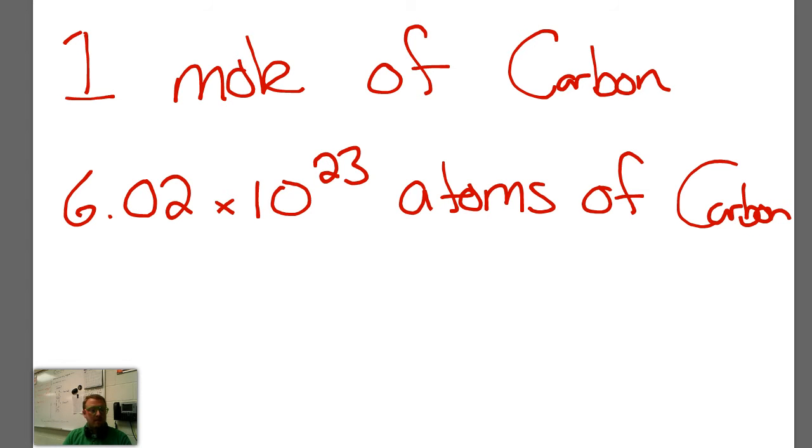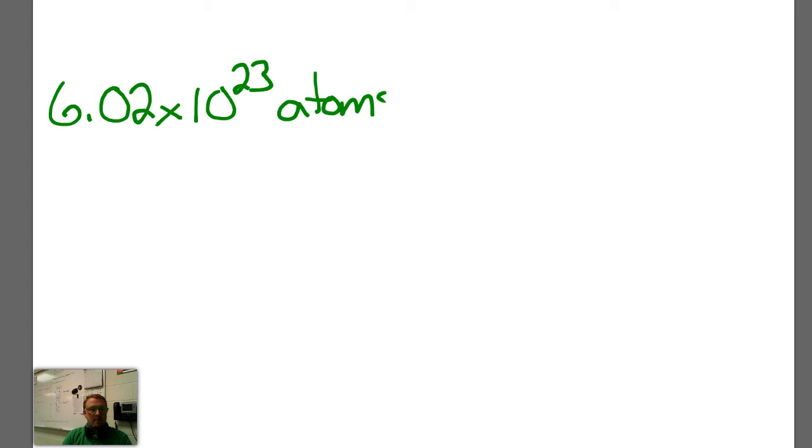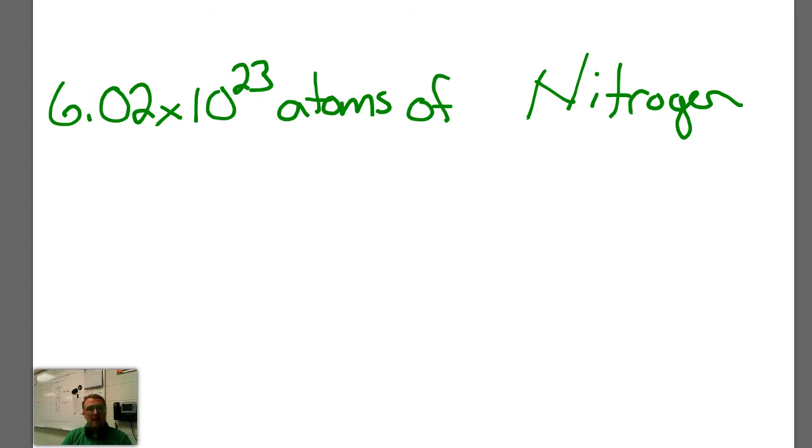That's what that means. Now, also, if I had 6.02 times 10 to the 23rd atoms of nitrogen, that would mean that I have 1 mole of nitrogen atoms.